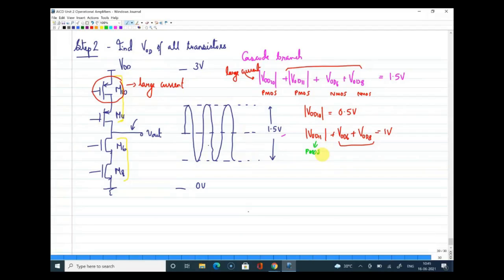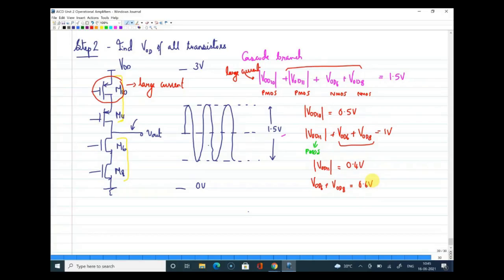One good way is to assign VOD11 equal to 0.4, so that the sum of VOD6 and VOD8 is 0.6 volt. That means 0.3 each.